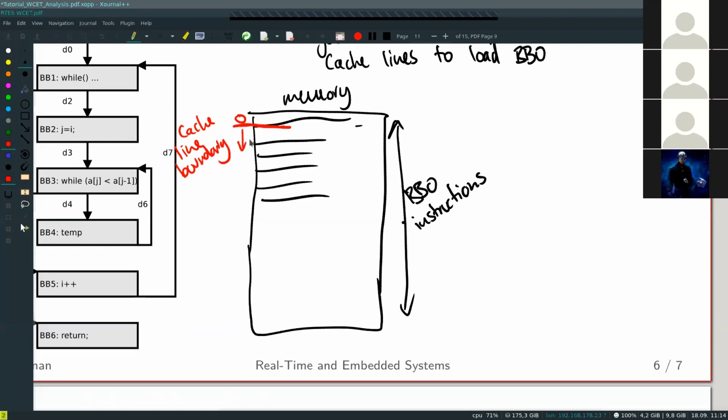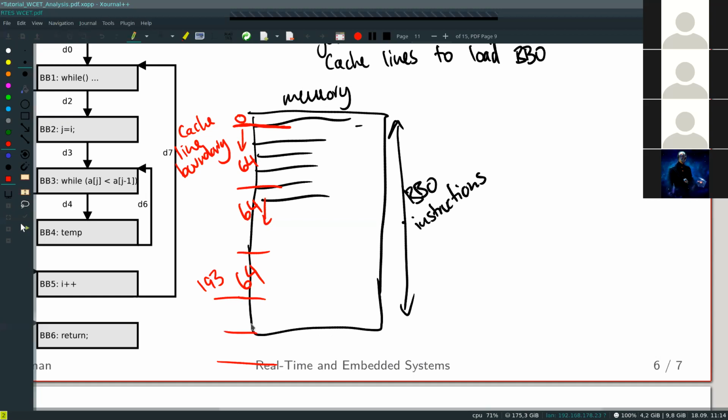Then we'd have 64 bytes in the next cache line, and 64 bytes in the next cache line. So this gives us 129 plus 64, up to here we could have 193 instructions, and we would need the next 7.